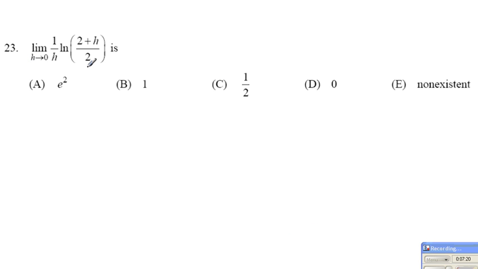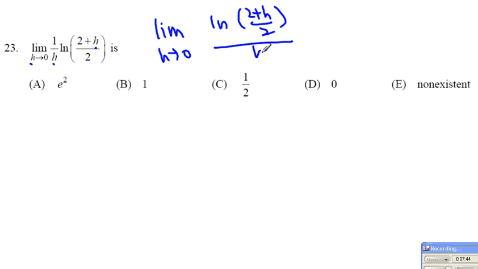Now, next. This one looks somewhat difficult, but if you think about it carefully, notice that they use the letter h. It's quite interesting because here we have the limit as h approaches 0, just like any other definition of derivative, of ln of (2 plus h over 2) whole thing over h.